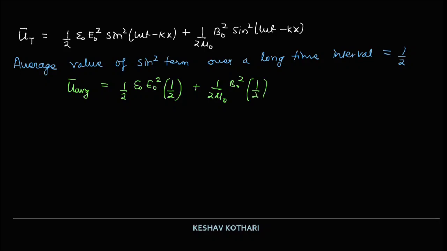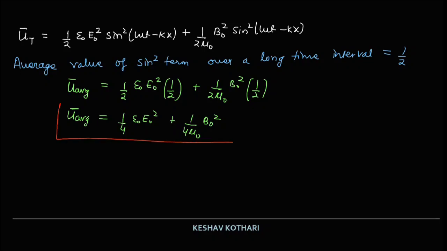So the value is written as 1 by 4 times epsilon naught E naught square plus 1 by 4 times B naught square over mu naught. So this is the average value of energy density that we attain. This is the first complete energy density which we have attained.